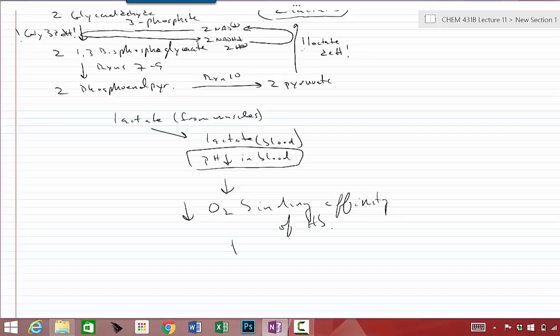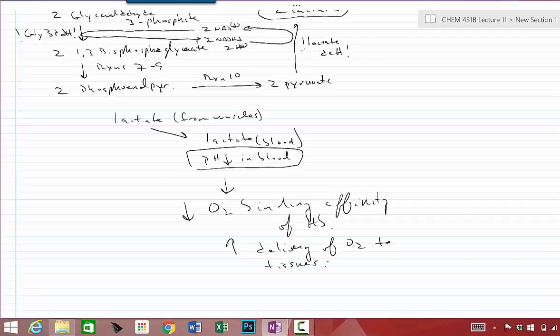So I'm going to say an increase in delivery of O2 to tissues. Because now the hemoglobin doesn't bind so tightly to the oxygen, and that oxygen can be released to the tissues more efficiently.